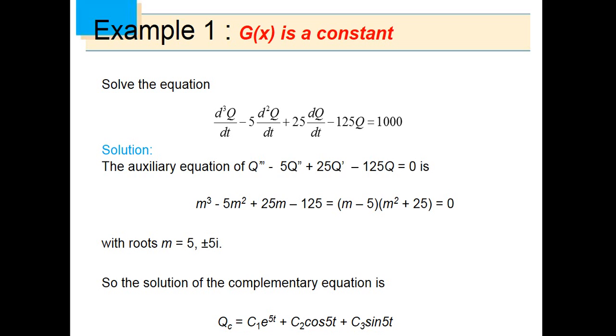Based on this equation, I can write what we call the auxiliary equation, wherein I have set to 0 the g of x on the right side, which is in this case the constant 1000. The purpose is for me to know the roots of this particular equation. Since it's a third degree polynomial, we are expecting that we will have 3 roots.